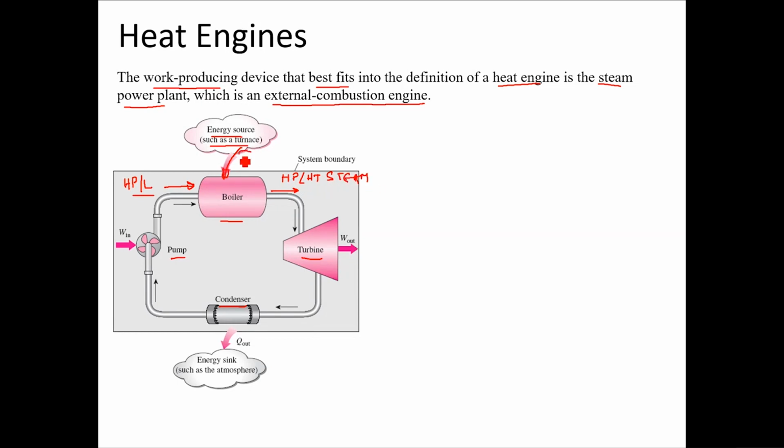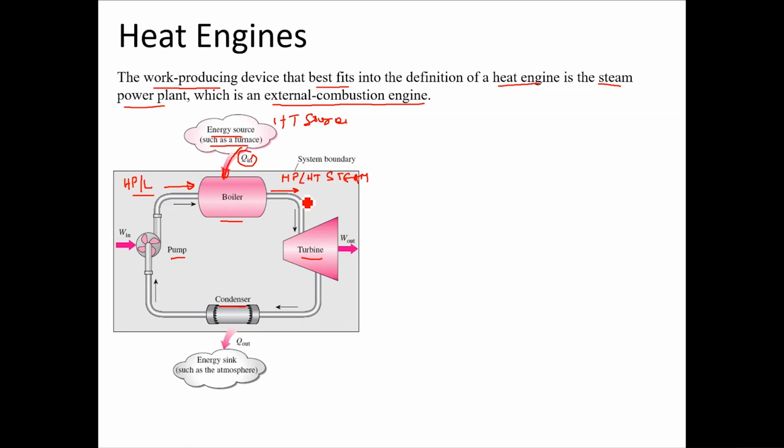So this Q in is basically the heat that is being provided from a high temperature source. This high temperature source provides you heat, which is being transferred to the fluid, and the fluid in this case is water.